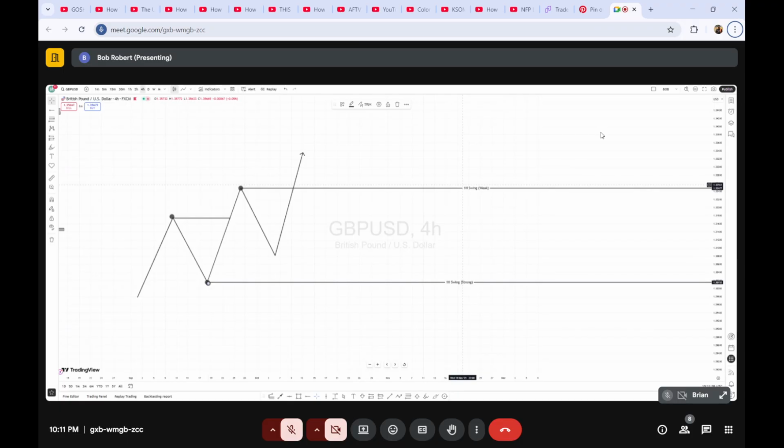Now with that said, these swings, the swing points, the swing highs and the swing lows, are what we call the external structures. In between, we have structures that joined together form this line.